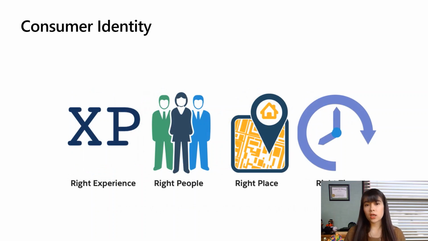Consumer identity is more about whether the right users have the right experience in the right place at the right time. So for example, imagine you purchased a music streaming service. It's up to the service provider to make sure you receive the service according to your subscription and only when you're actually paying for that subscription. I hope this gives you an idea how fundamental identity is to a seamless and productive digital experience.